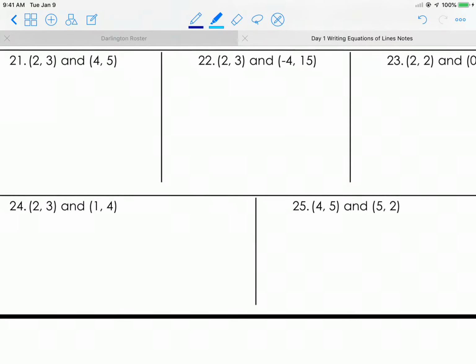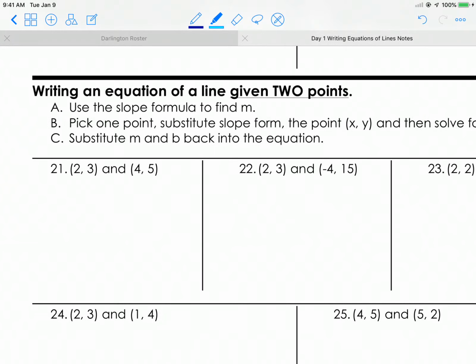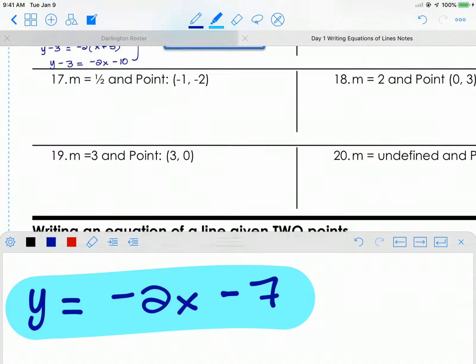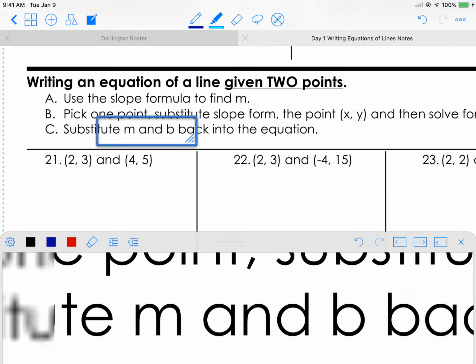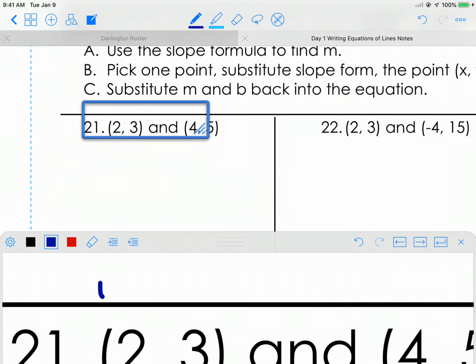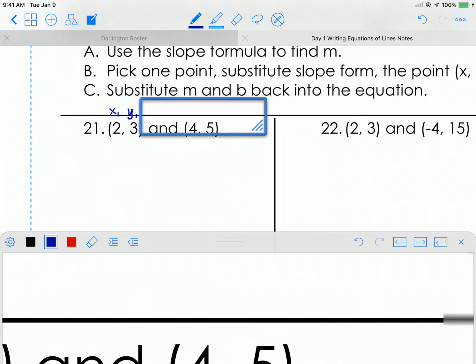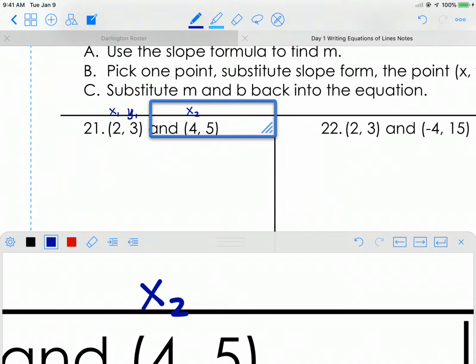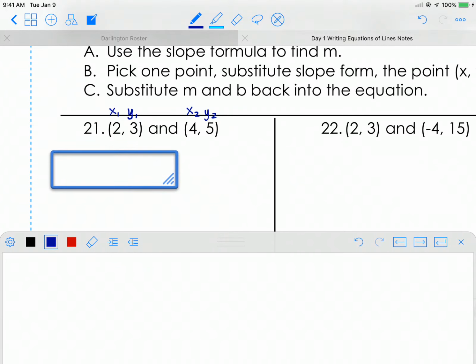Okay, let's do one of these where they give us two points, and we're going to first find the slope using m equals y2 minus y1 over x2 minus x1. So we're going to label these. Nope, x comes first in the coordinate plane: x1, y1, x2, y2. Okay.